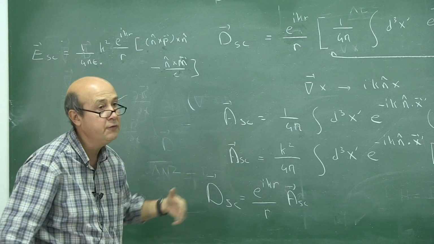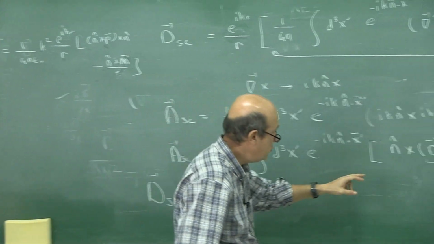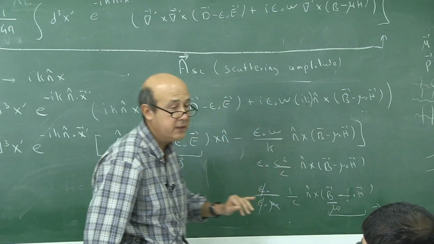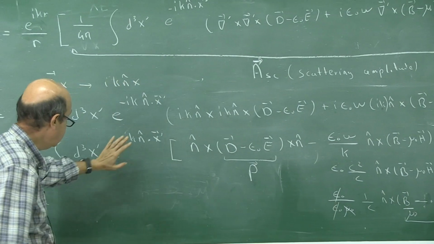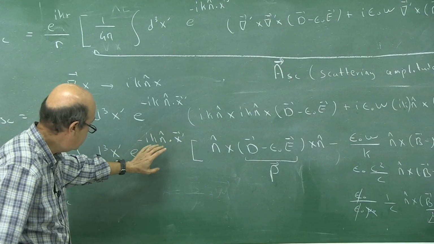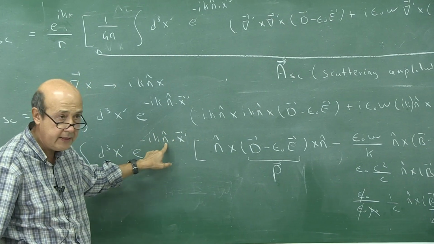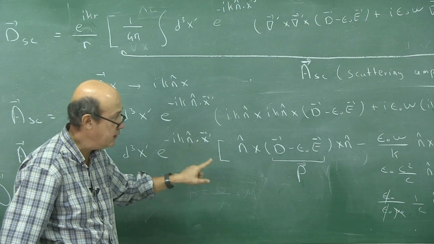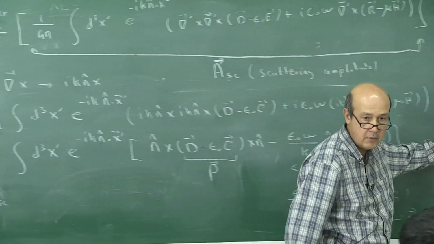But there is additional information here: this is a distribution of the polarization and magnetization. And one other additional thing is this. What is this? n is the direction after the scattering. x prime is the source region here.